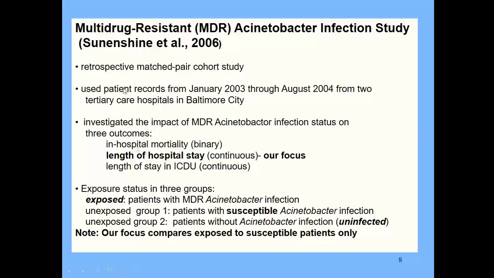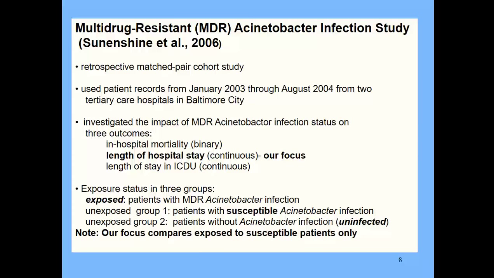The study used patient records in two hospitals in Baltimore. We'll look at how many people were involved in a minute. The question of interest was this: some of the people who got this infection got an infection that was resistant to treatment, and some had an infection that was not resistant, that could be treated.